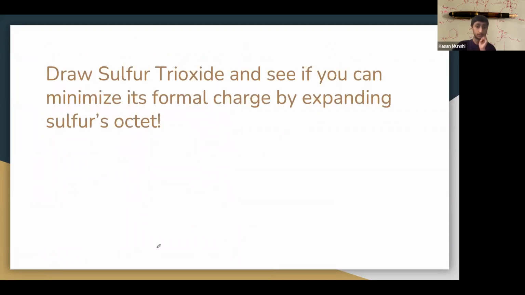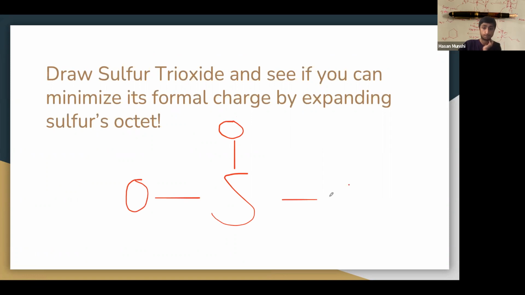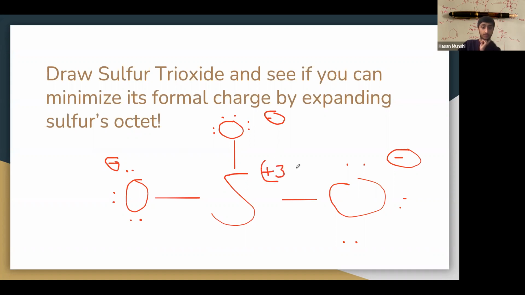Sulfur trioxide, so if you want to think about the octet, so okay, I haven't drawn lone pairs in so long. With this, there's a minus formal charge, minus formal charge, minus formal charge, plus 3 formal charge.